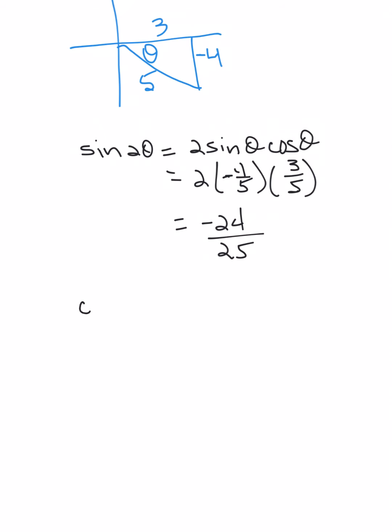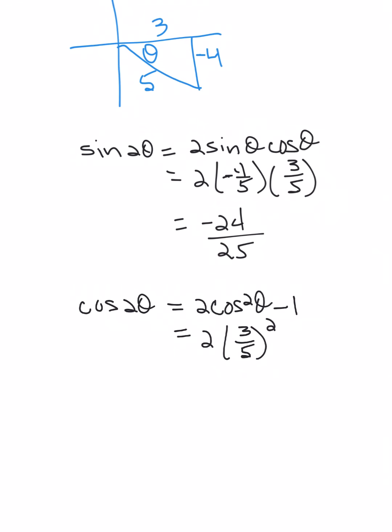For the cosine of 2 theta, we were told about the cosine of theta, so I'm going to use that version of the formula, which is 2 cosine squared theta minus 1. So we would have 2, our cosine, we were told, was 3/5.